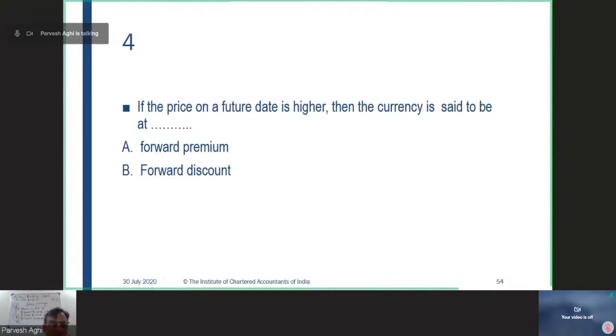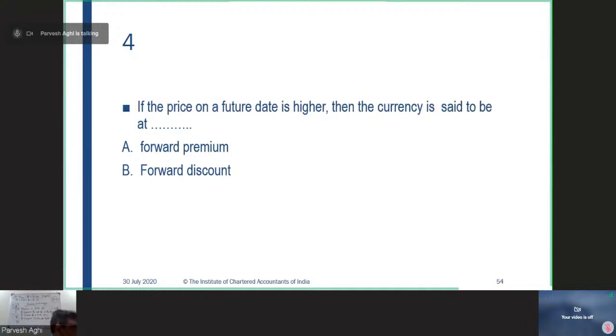Okay. Now, 4th question. If the price on the future date is higher, then the currency is said to be at forward premium or forward discount. So which is the option?